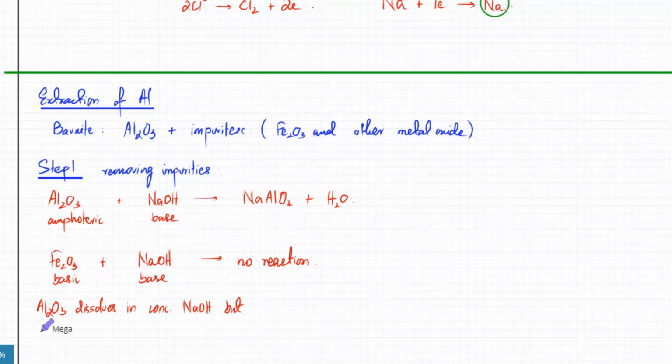But Fe2O3 does not dissolve in NaOH. Al2O3 dissolves because it's amphoteric.